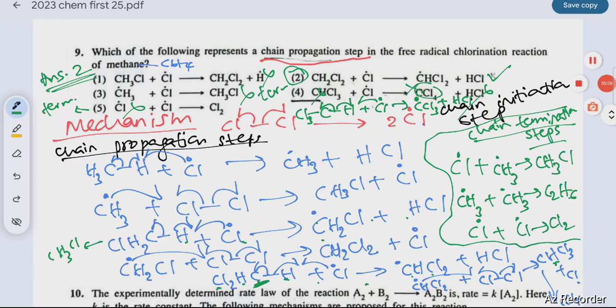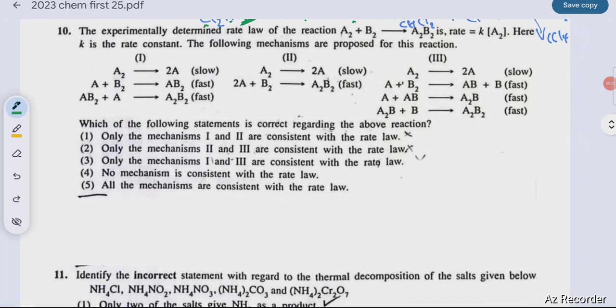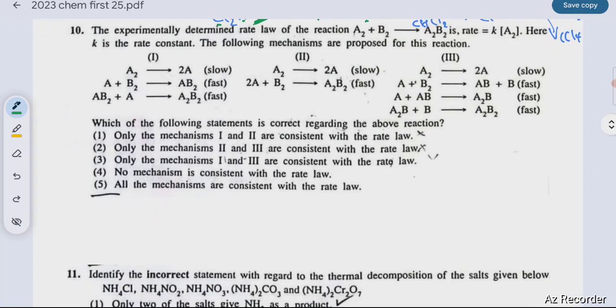Next we'll move on to the 10th question. The experimentally determined rate law of the reaction A2 plus B2 giving A2B2 is rate equals K[A2]. Here K is the rate constant.